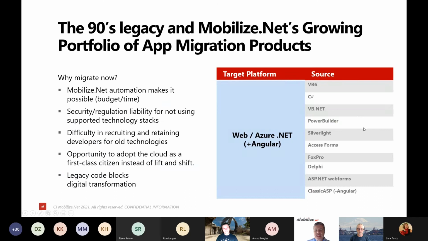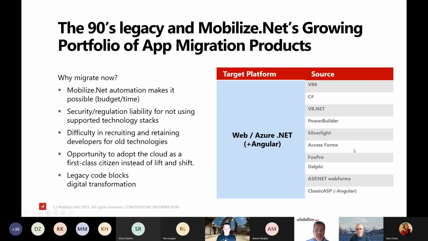So if we switch to the next slide, this is where Mobilize works. We specialize in what I like to call the 90s legacy. We have a portfolio of application migration products available, starting from VB6, first version .NET, C# and VB.NET, PowerBuilder, Silverlight, which by the way is also going out of support very soon.